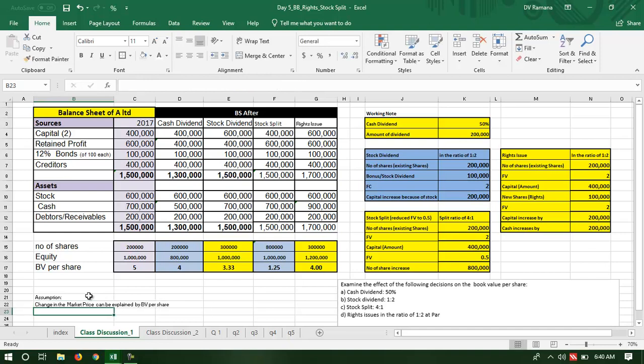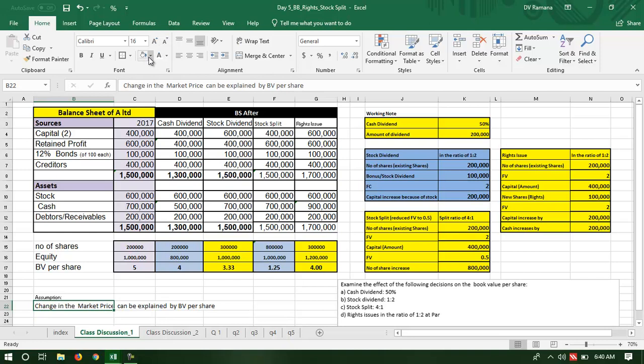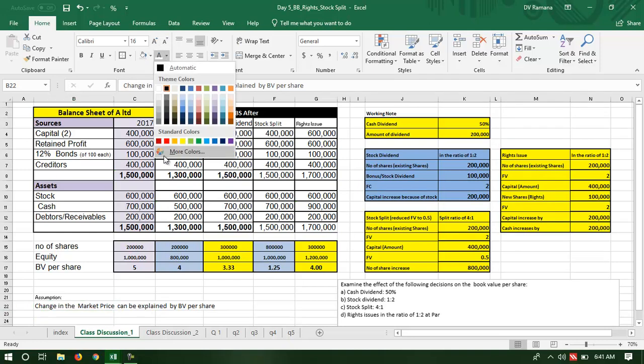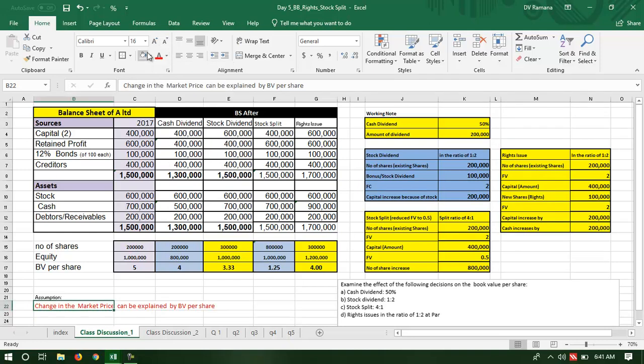That's an assumption. We're saying that price is not in our control. Price is determined by the market. However, it is possible to understand the reasons for the change in the price, and one of them in an accounting class is the book value per share.